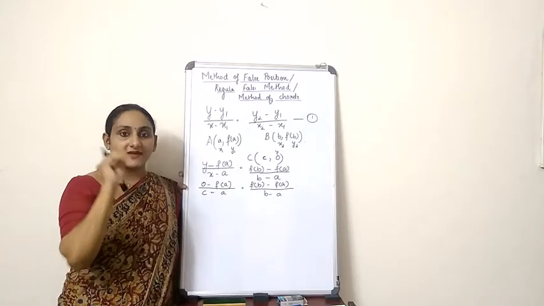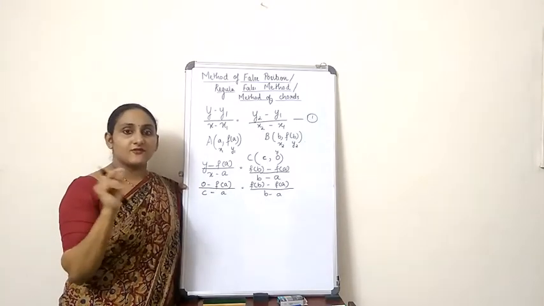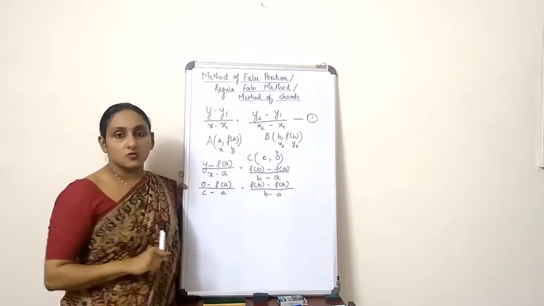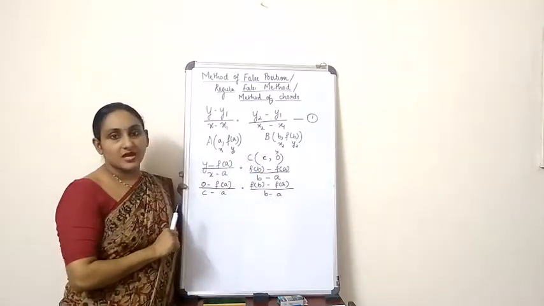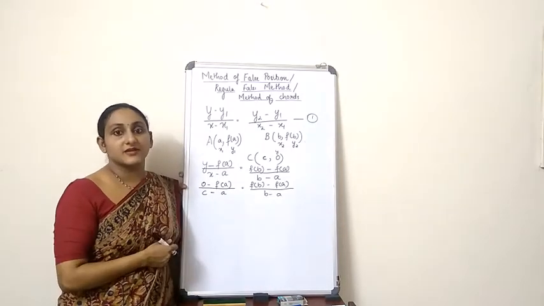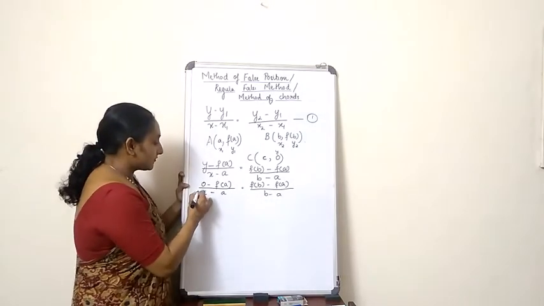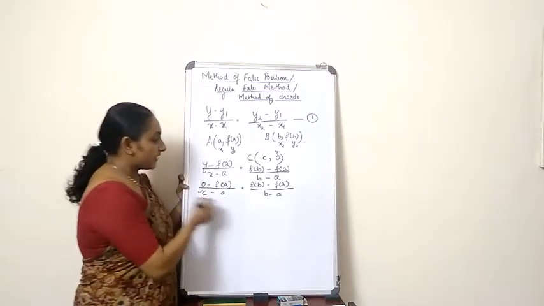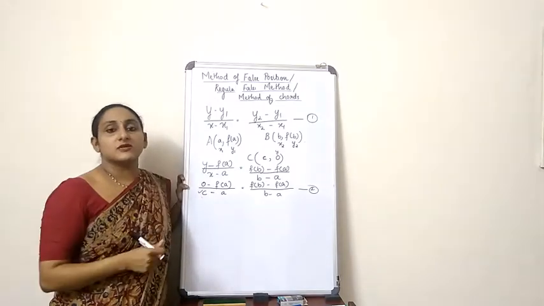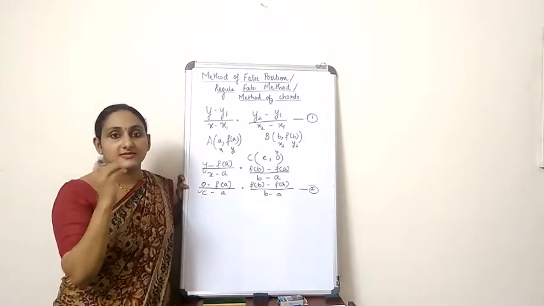Yes, f of x should be equal to 0. When f of x is equal to 0, that means y is equal to 0. The root is somewhere over here. So that means it is approximately c. So we have to find out c. So let this be equation number 2. From equation number 2, let's find out what c is.